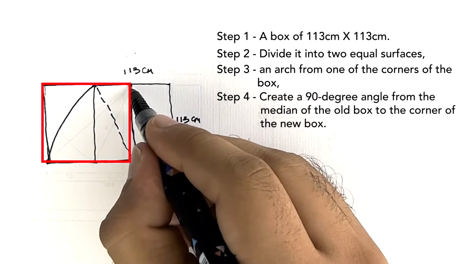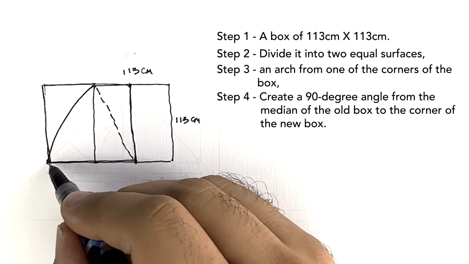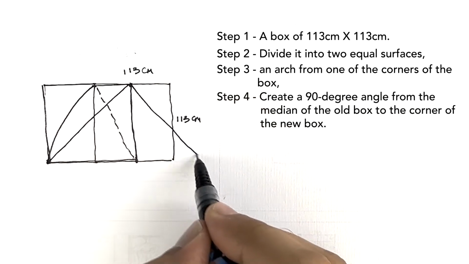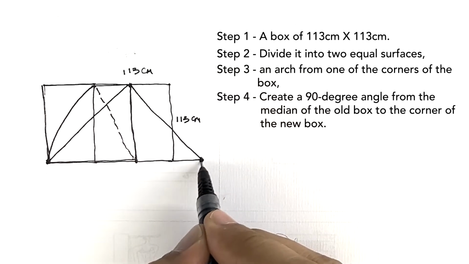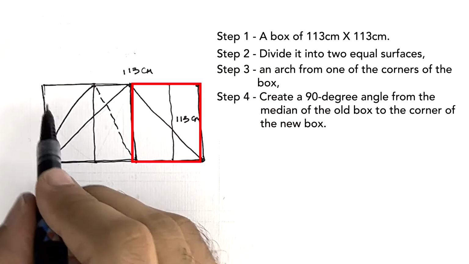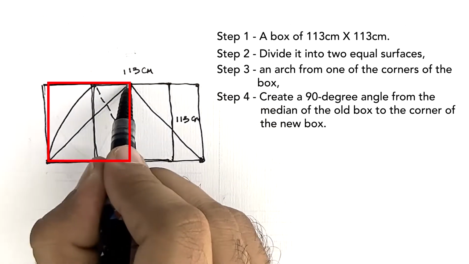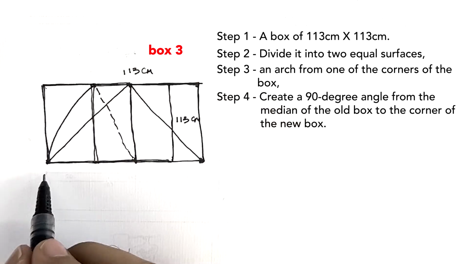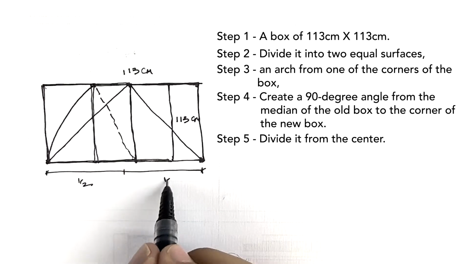Now let's make another box by taking the 90-degree angle from the new box to the median of the old box. If you divide these three boxes by the center line, you will get a proportion of spaces.